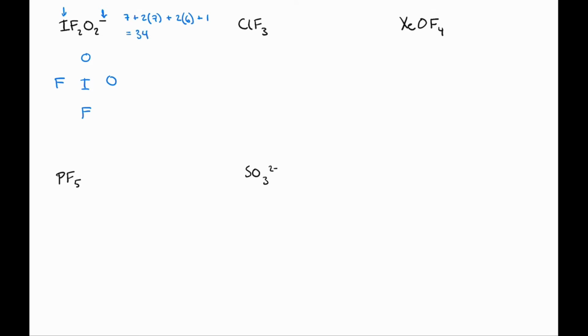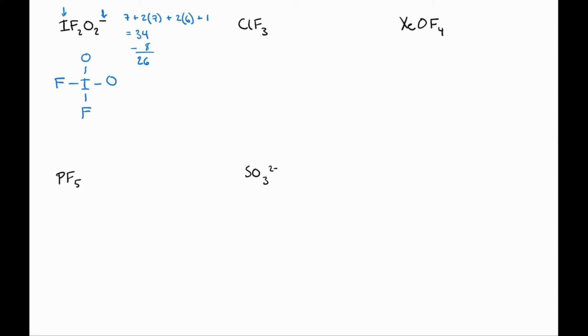Next, we need to start building our Lewis structure, and I'm going to connect all of these atoms together. That gives us a total of 8 electrons that we're taking off of our total, so we should end up with 26 left over. Then we need to start distributing lone pairs around this structure and try to use up as many electrons as we can.